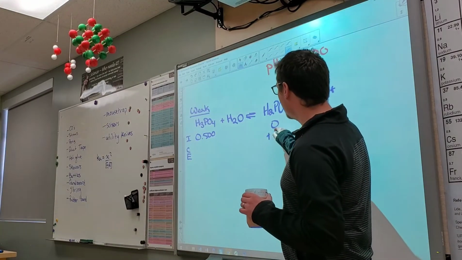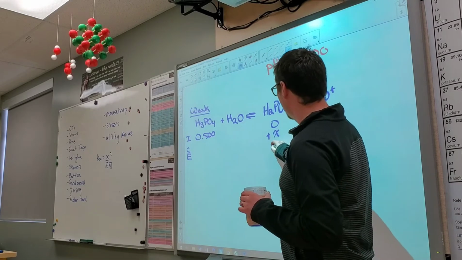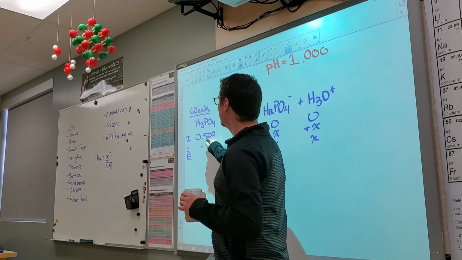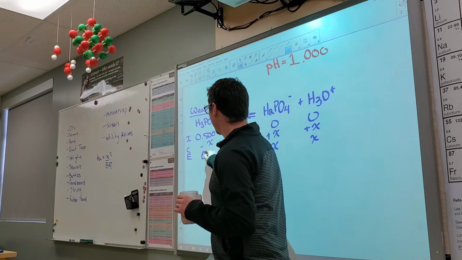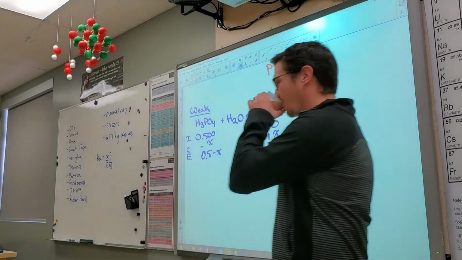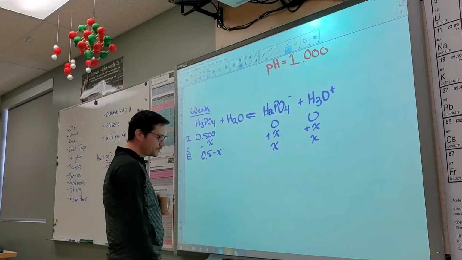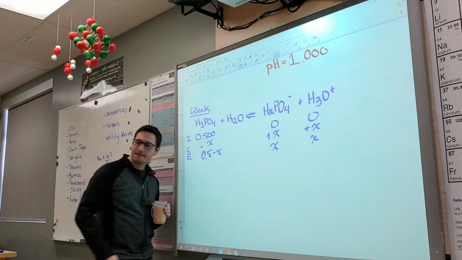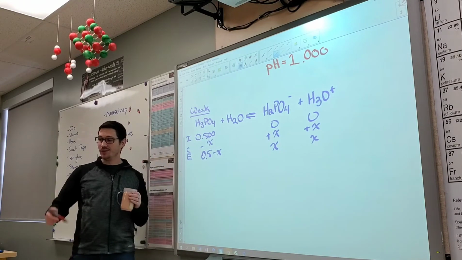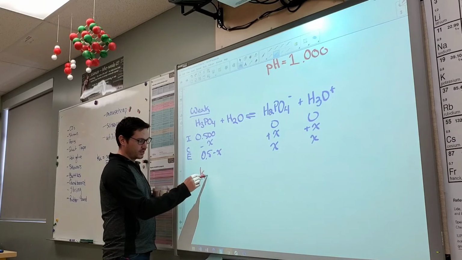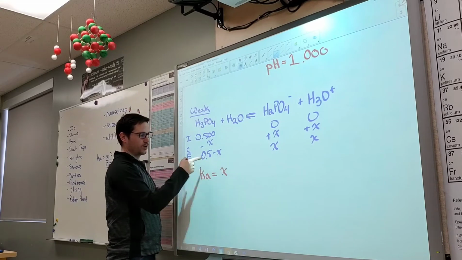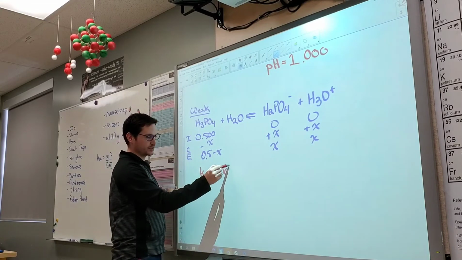We're going to lose some, we're going to gain some, and we're going to get 0.5 minus x. Remember, the shortcut for doing this is just Ka equals x squared over the original acid concentration.